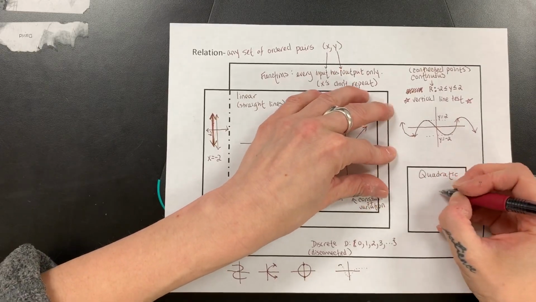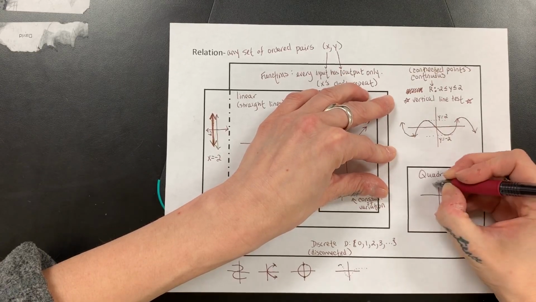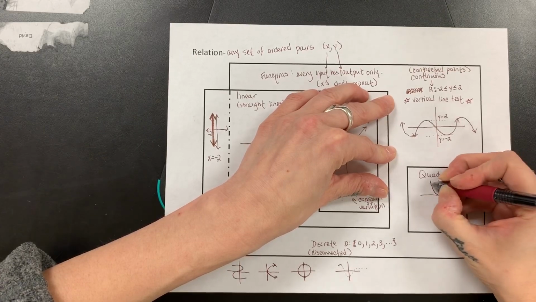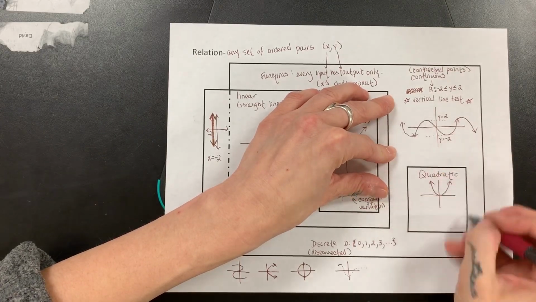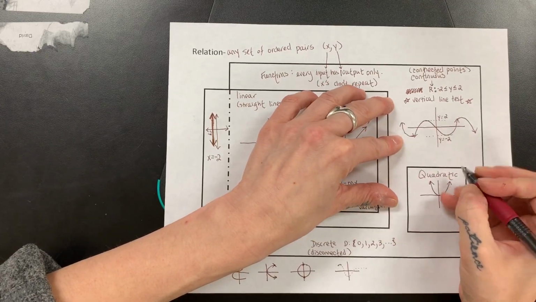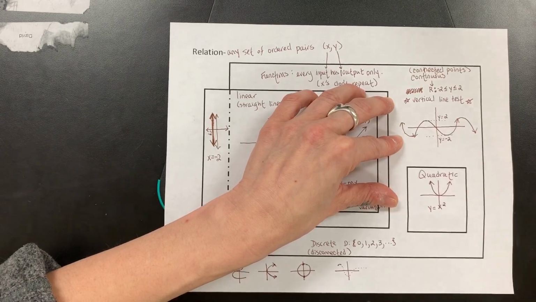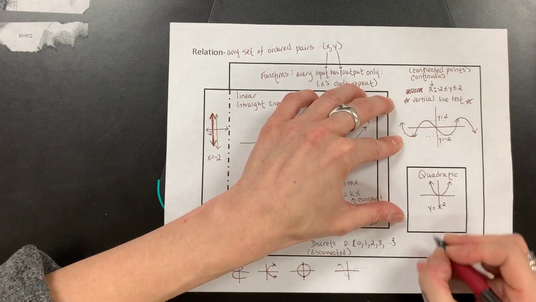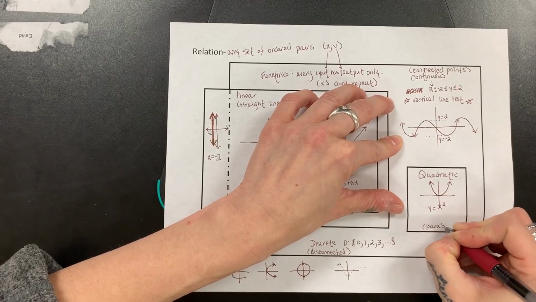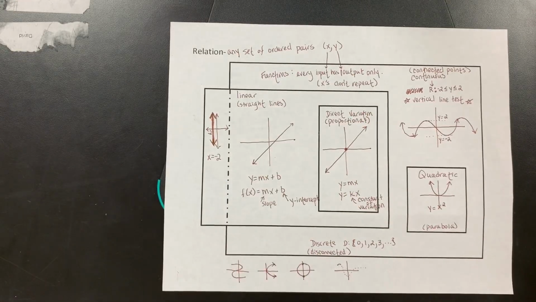And quadratic equations in general look like this shape. So this is the parent function for a quadratic. It goes through the origin, and it's y equals x squared. And that's really important later, but you don't have to worry about it so much right now. The shape that it makes is called a parabola.